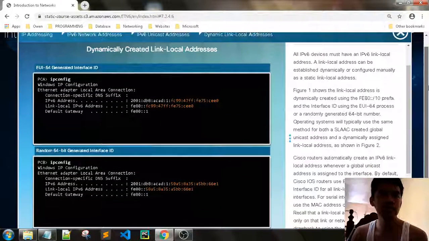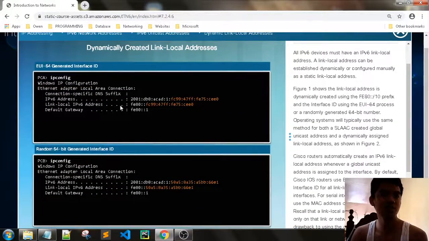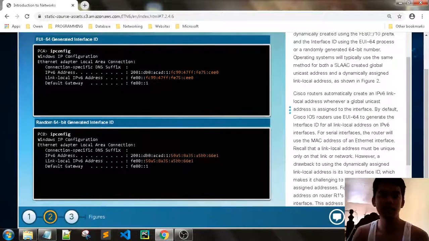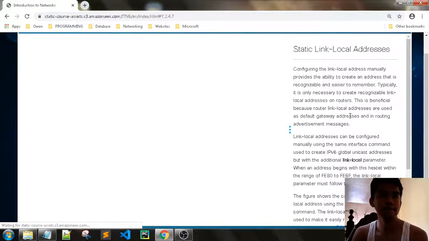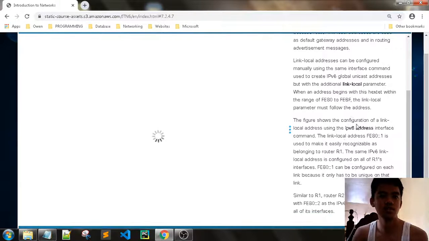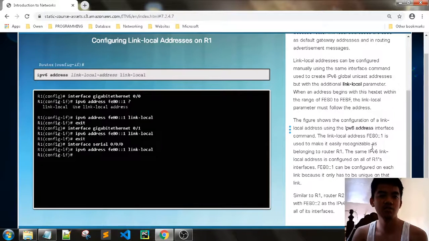So normally we statically configure our link-local address to simplify it, so it is easily recognizable as belonging to router 1.